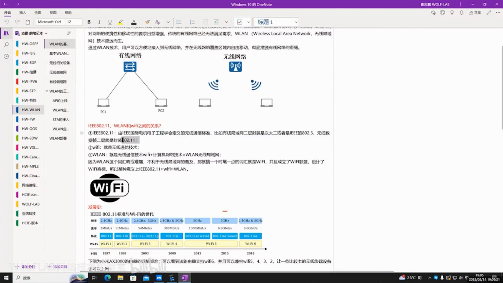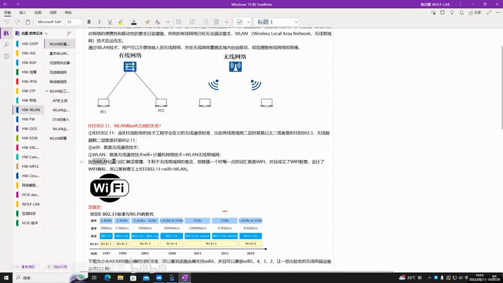Then Wi-Fi is essentially a wireless communication technology. And WLAN is the wireless local area network, which combines our wireless communication technology, Wi-Fi, with our computer networks to create WLAN. Since the term WLAN is rather obscure and hard to understand, it hinders the widespread adoption of wireless networks.